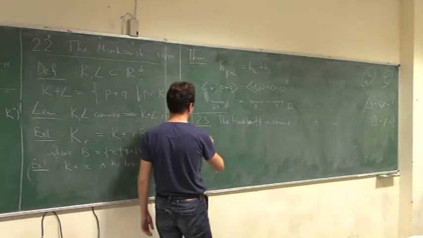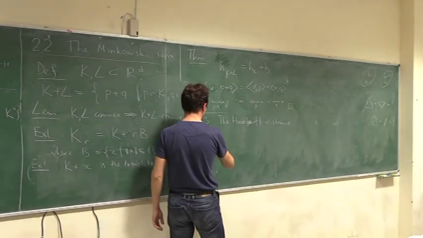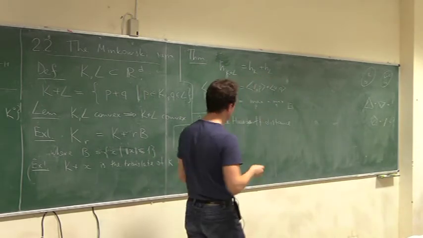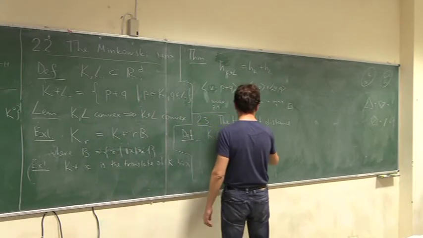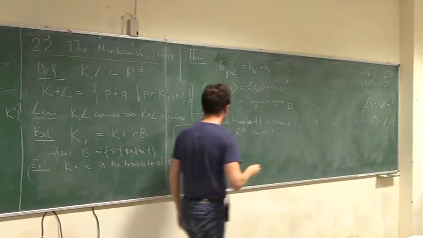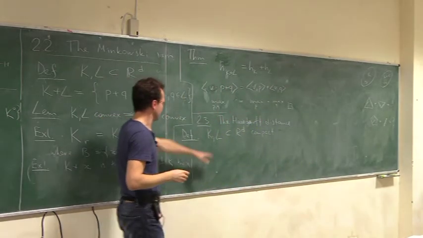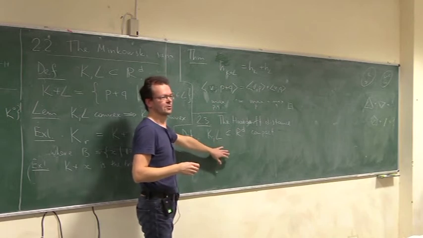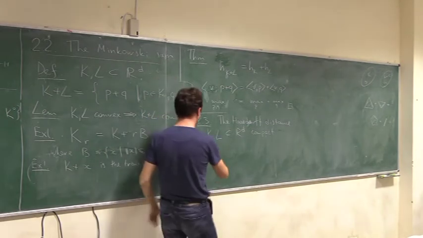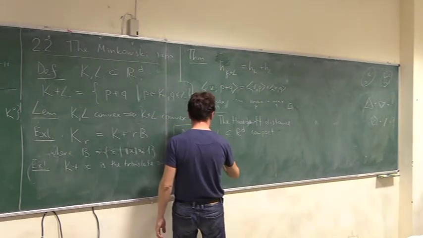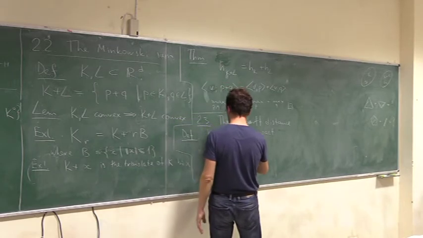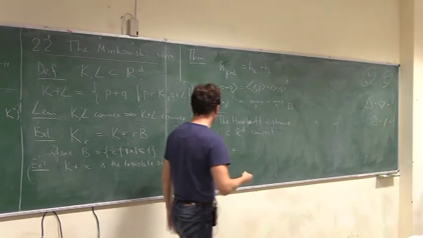Maybe it's something well known. So for two compact sets, one defines the distance. I write here the distance between K and L. Anyway, this definition will be quite useless, but this is the definition.